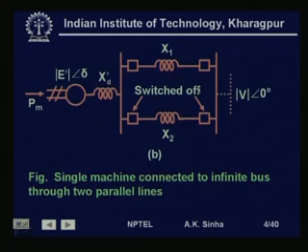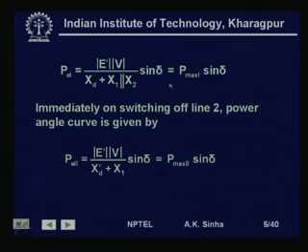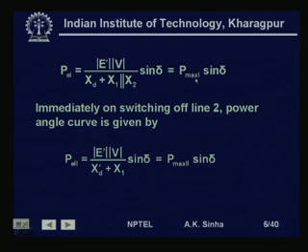So, the electrical power output is given by E dash V by x d plus x 1 and x 2 in parallel, sine of delta, where delta is the angle difference between E dash and V. This we can write as P max 1 sine delta, where P max 1 is equal to E dash V by x d plus x 1 and x 2 in parallel. Now, when the line is switched off, what happens?